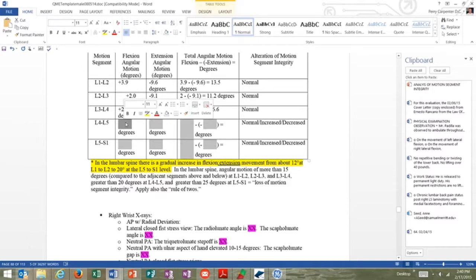At L4, L5, we have minus 8.1 degrees. Yeah, that's a minus sign. So this vertebra is in an extension lordotic position, even at the extreme of flexion. And then in extension, it moves to minus 25.2 degrees. So let's do the math.